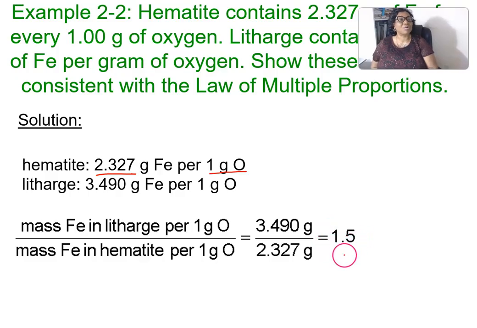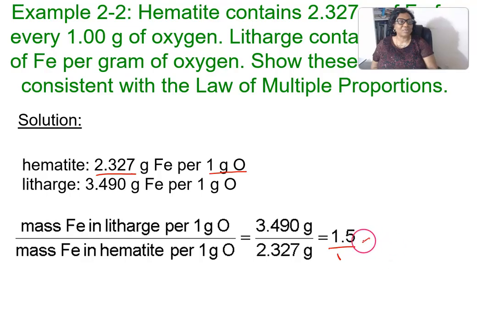Because we want small whole number ratios, we are going to multiply this by 2. So this will become 2. This is a ratio, it's just showing that we have this over 1.